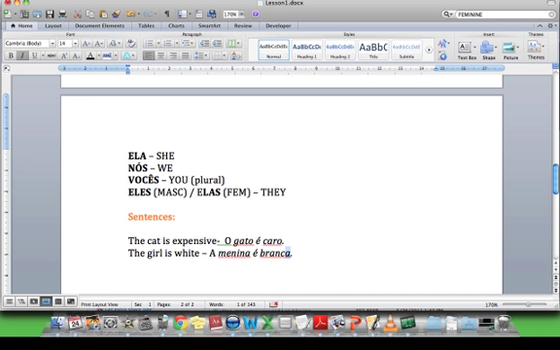In the case of the masculine sentence, you have the cat, o gato. This is the definite article in its masculine form, o. Gato is masculine, so it has an O, and expensive has to agree with cat, gato, because it's masculine, so we have O at the end. So it's very easy to realize.